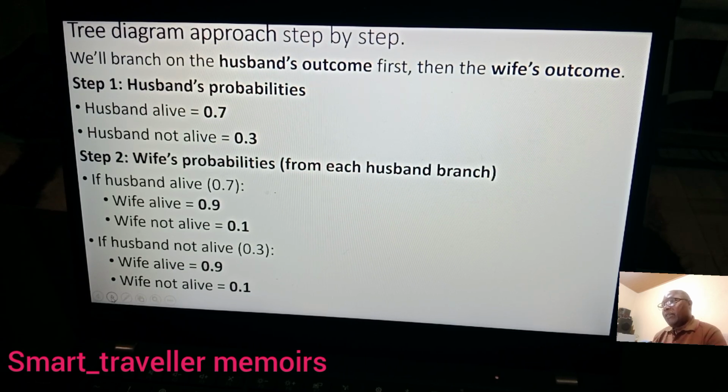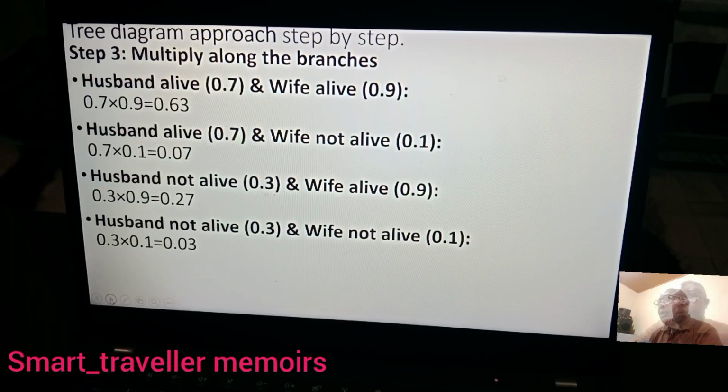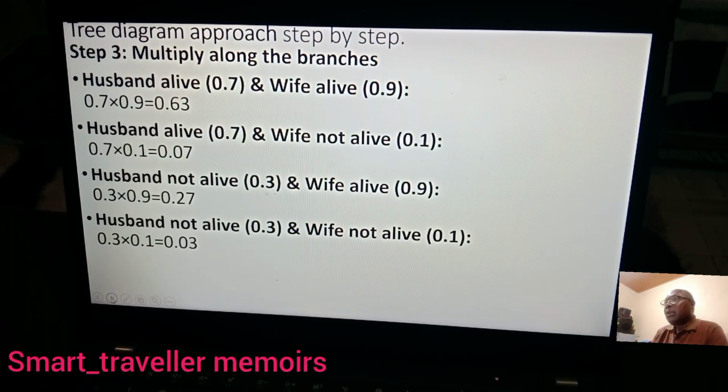If the husband is alive, 0.7, the wife alive, 0.9, wife not alive, 0.1, and then the other branch will be, if husband not alive, 0.3, wife alive will be 0.9, and wife not alive, 0.1. So in step 3, you are going to multiply along the branches.